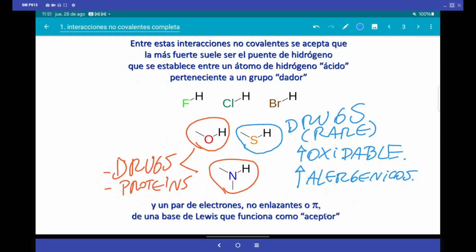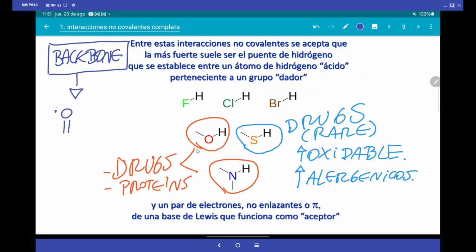When we talk about a Lewis base in proteins, which ones accept, for example, at the level of the backbone of the protein? If we have that oxygen of the carbonyl, very well, the oxygen of the carbonyl.